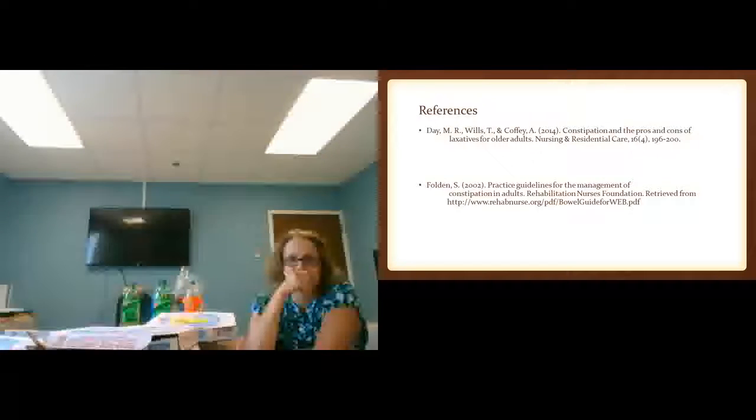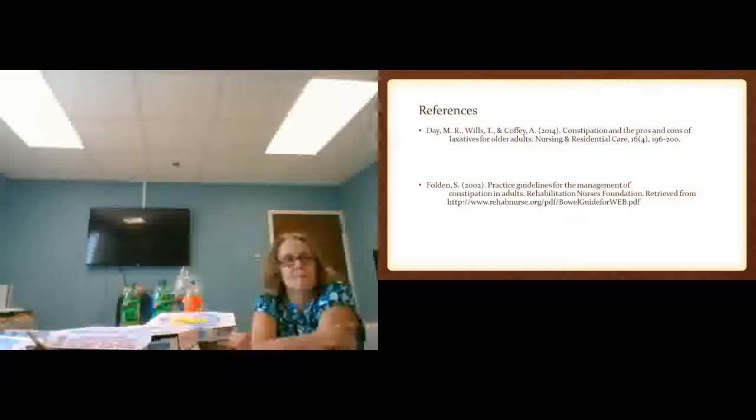And these are the references that I used. One of them, Folden, Practice Guidelines for the Management of Constipation in Adults. These are the guidelines that the Association of Rehabilitation Nurses says to follow.